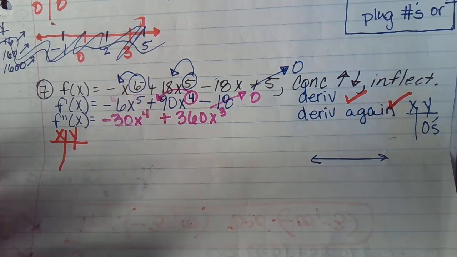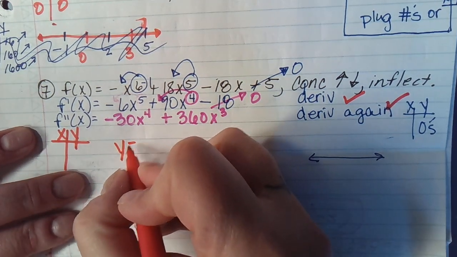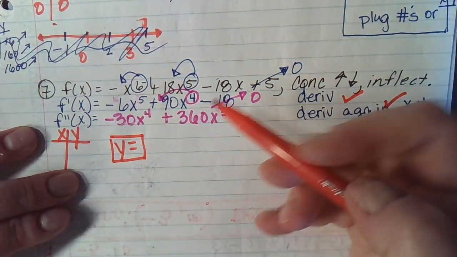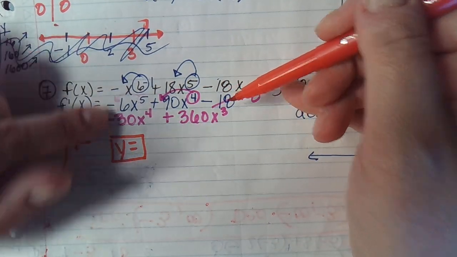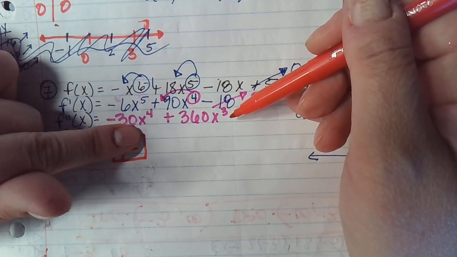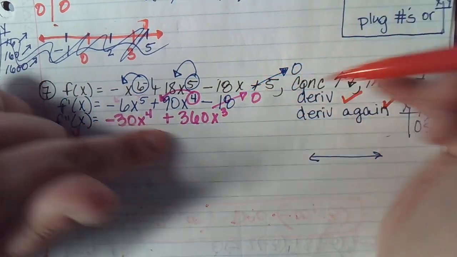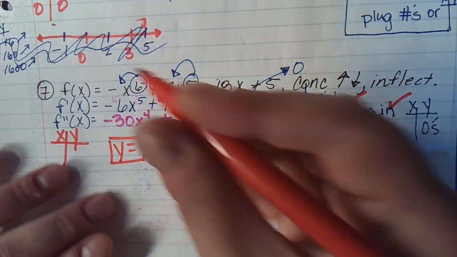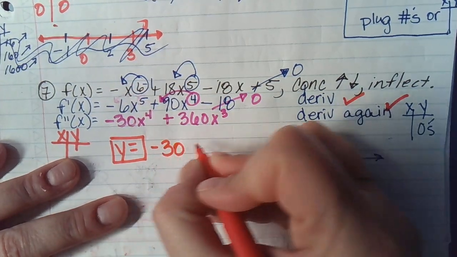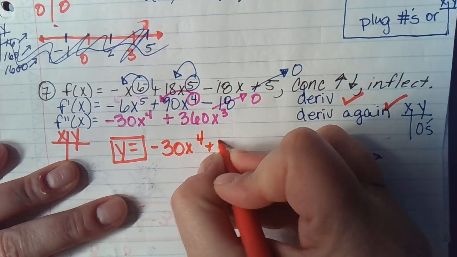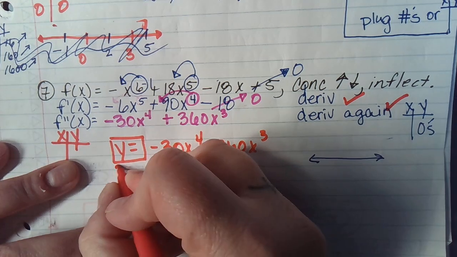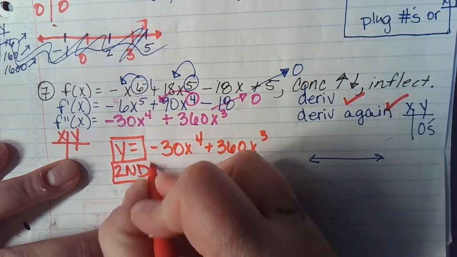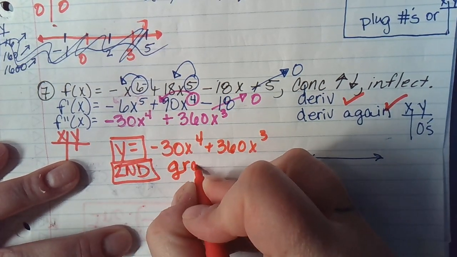Okay, and when we go to our y equals, we're not putting in the OG original or the first derivative. We're putting in the second derivative. You always use the second for concavity. So we're going to type in that negative 30, and then you're going to press second graph.